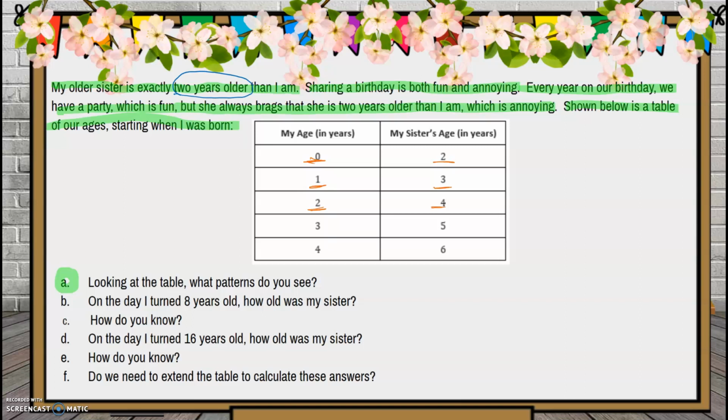So what patterns do we see? You should see the same pattern that I see, which is that my age plus 2 equals my sister's age.